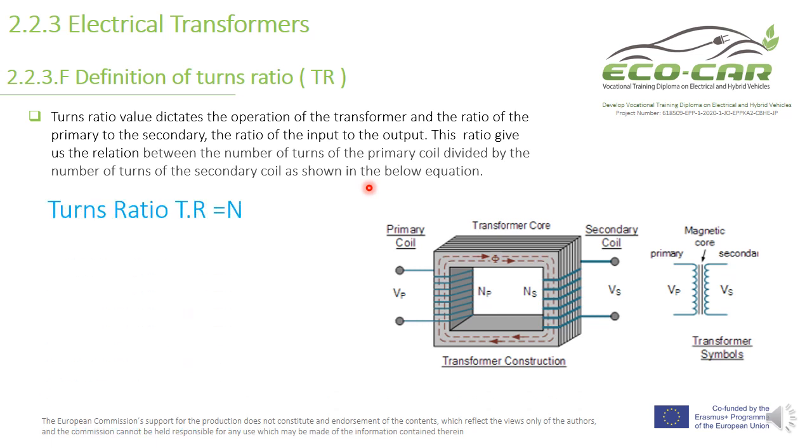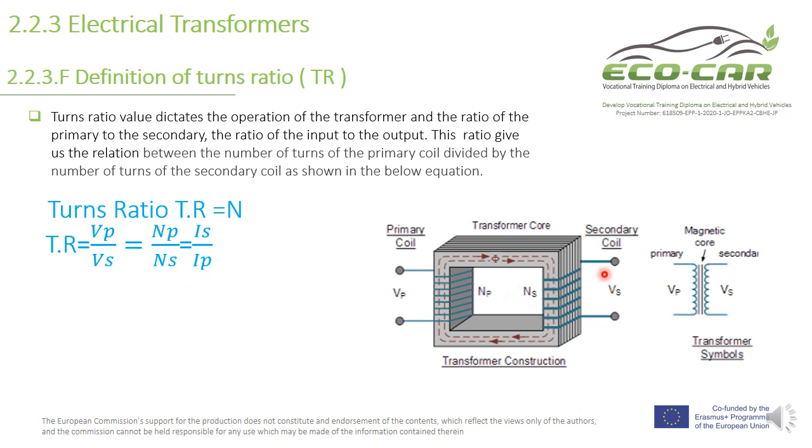Turns ratio, TR, equal N. It's equal to the primary voltage, the input voltage to the primary, VP, divided by the secondary voltage.